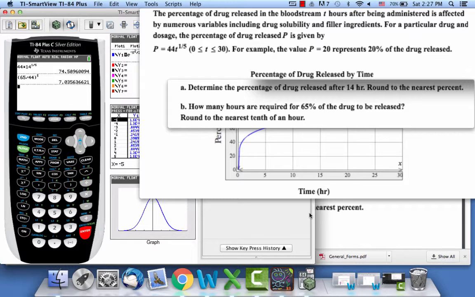So 7 hours if we round. Oh, no, round to the nearest tenth is still 7.0.